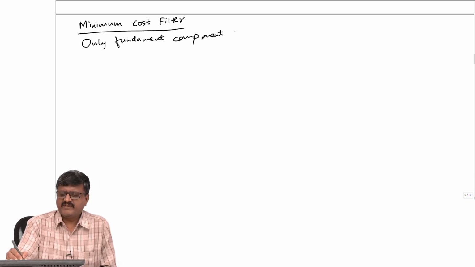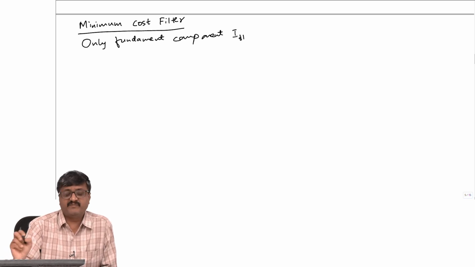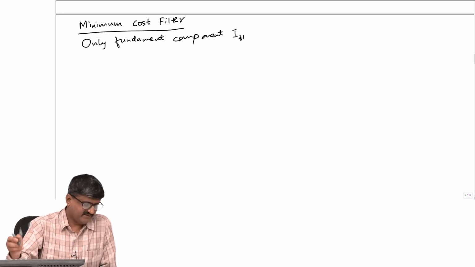I will use a notation IF1, F for filter, 1 for fundamental. Please note, this fundamental component is not the fundamental component of current through the converter. This is the current through the filter.